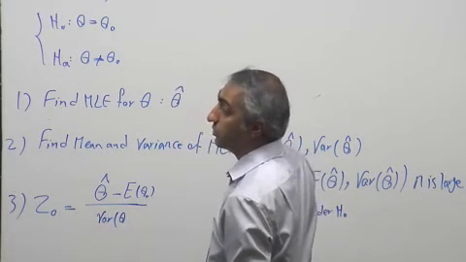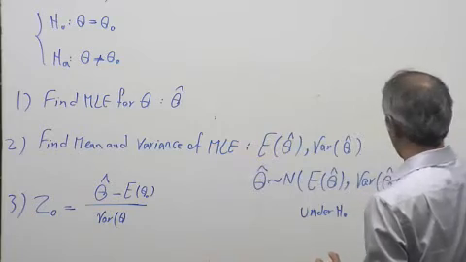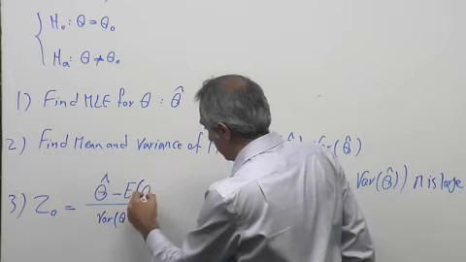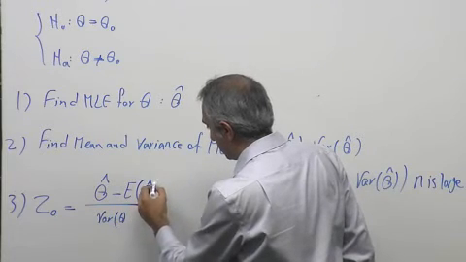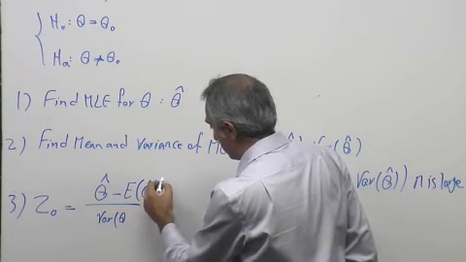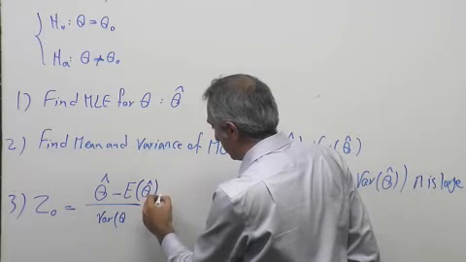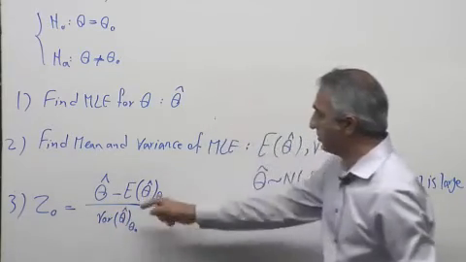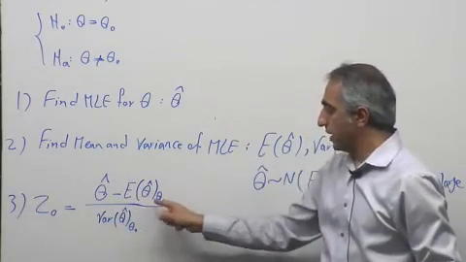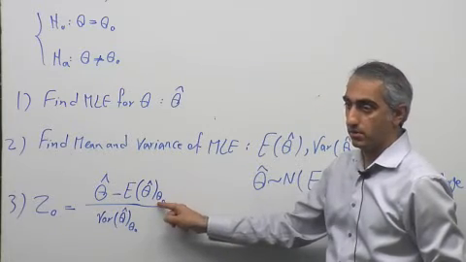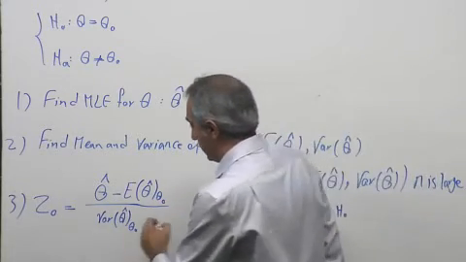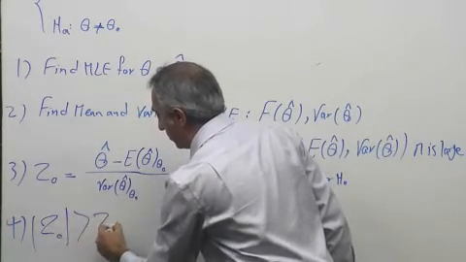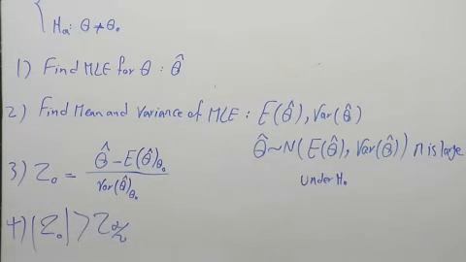A better way of showing this is the expected value of theta hat under theta 0 and the variance of theta hat under theta 0. So what do I mean by that? The expected value of theta hat is a function of theta. You replace theta with theta 0. Okay? You will see an example. And then the fourth step is to compare it with your critical region because it's a normal distribution.